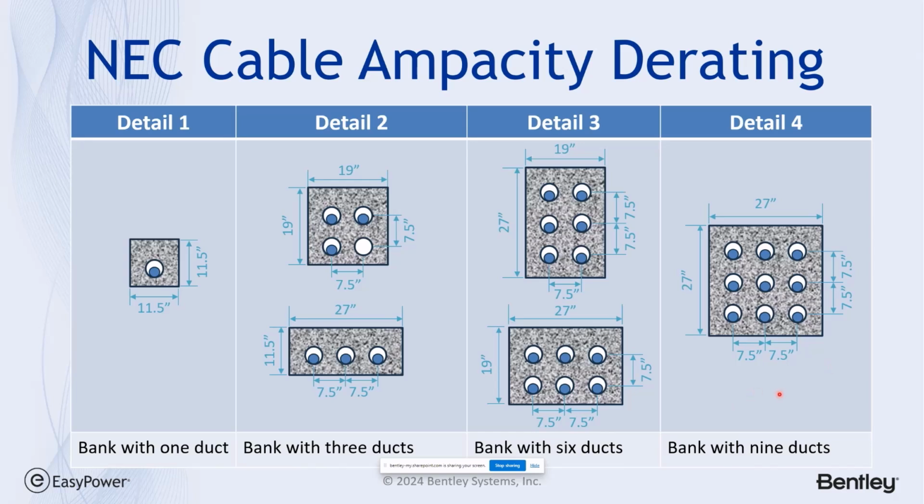Recent editions of the NEC do not include detail 4, but EasyPower retains the derating multiplier for this installation since the NEC isn't retroactive, so that equipment installed under prior versions of the NEC can be assessed using the same edition of the standard that was in force at the time. So we retain this installation detail as well.